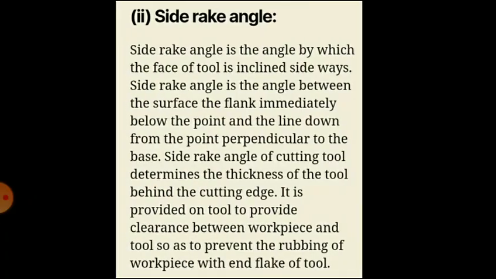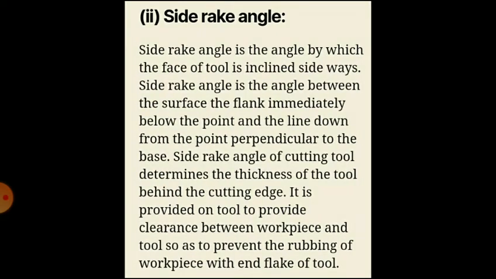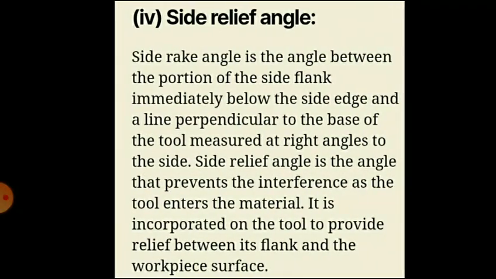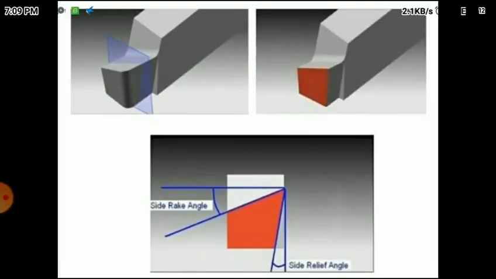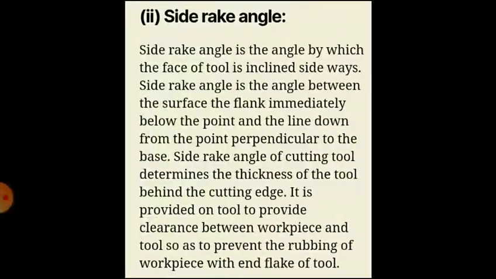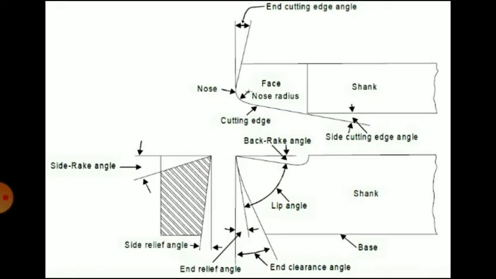The next angle is the side rake angle. You can see the side rake angle in this diagram. In the second diagram you can see the side rake angle, and in this diagram you can see the side rake angle in the side view.